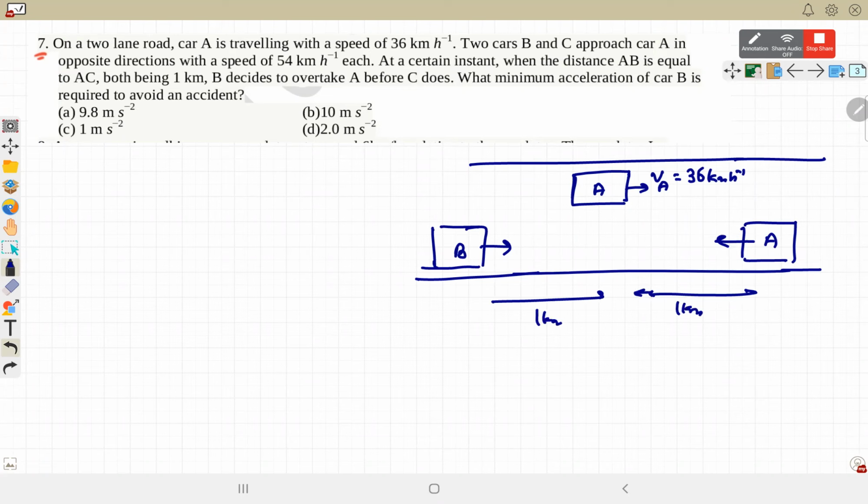Now the question says AB is equal to AC. B decides to overtake A before C does. What minimum acceleration of car B is required to avoid an accident?